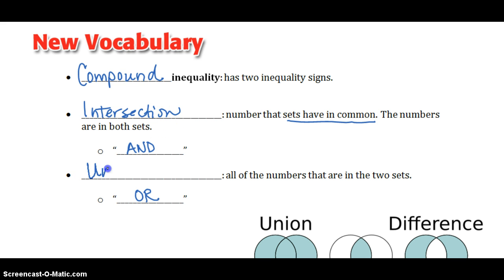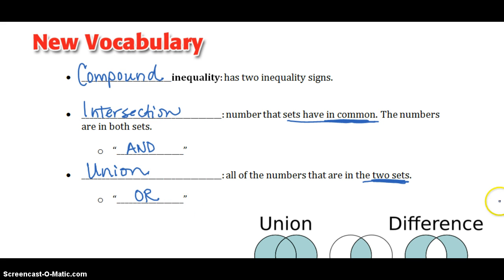Or there's a union, and these have numbers that are in 2 different sets. So intersection answers are in common, joined by the word "and". Union is where it's one or the other, 2 separate sets.